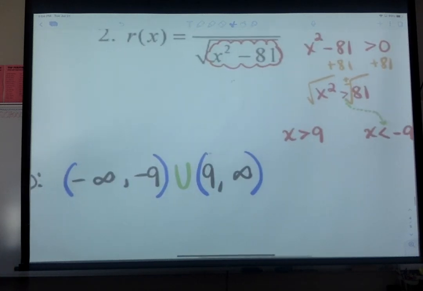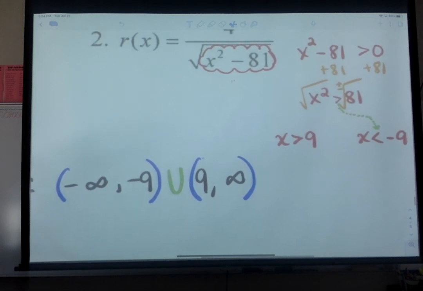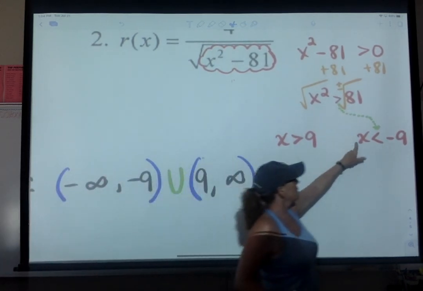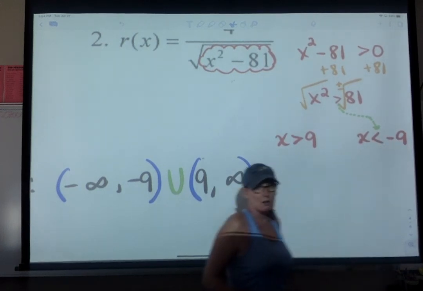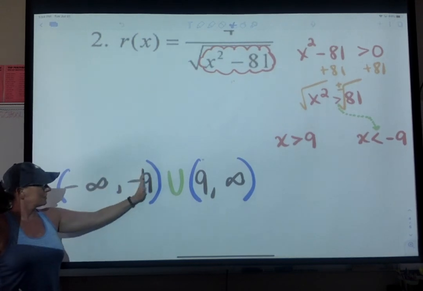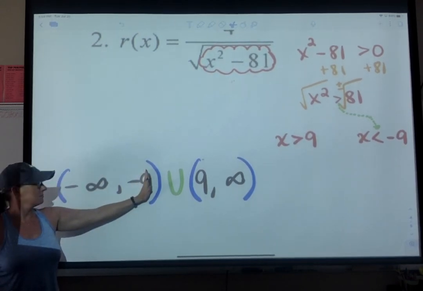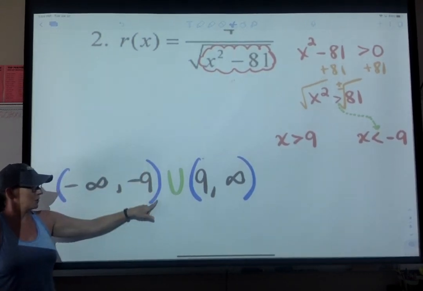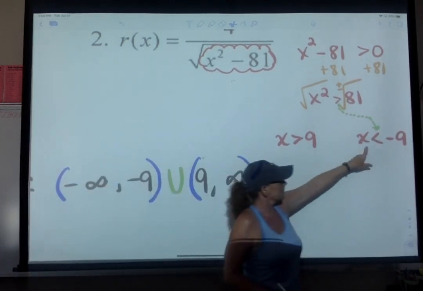Yeah, I think that's how this has got to work. So my domain is numbers less than -9. Okay, well, start back at negative infinity. Go and go and go. Where are you going to stop me? You're going to stop me at -9. Don't include it. Why not? Because you're not supposed to.